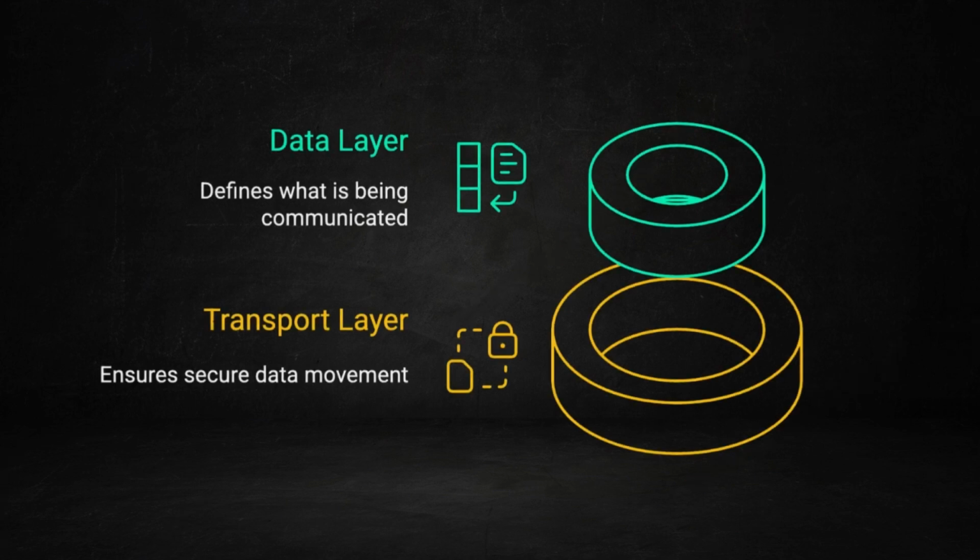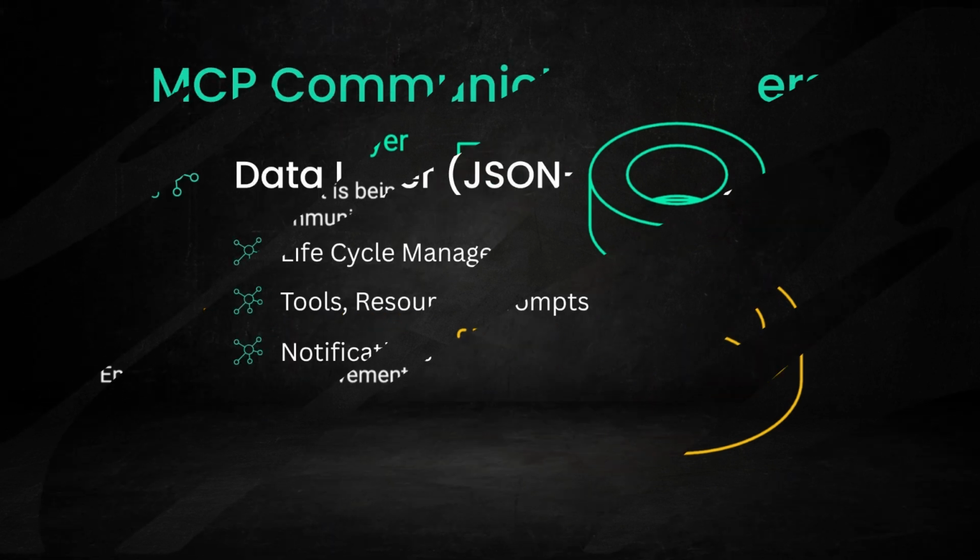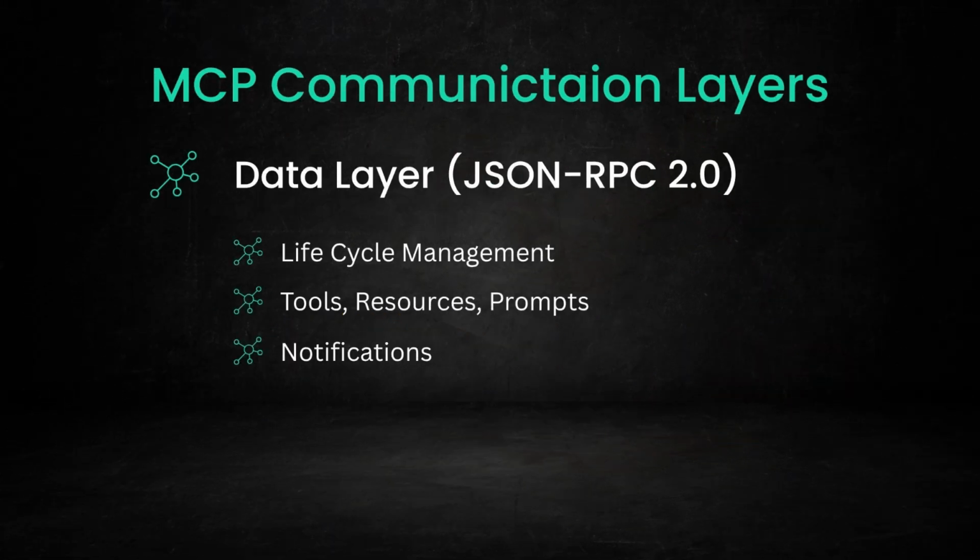MCP is built on two main layers, the data layer and the transport layer. The data layer defines how clients and servers communicate using a JSON-RPC-based protocol. It covers lifecycle management and the core building blocks of MCP, that is tools, resources, prompts, and notifications. Using a protocol like JSON-RPC, clients and servers speak the same language.